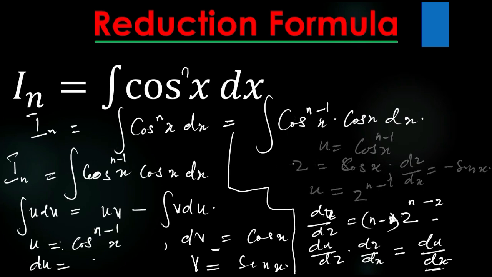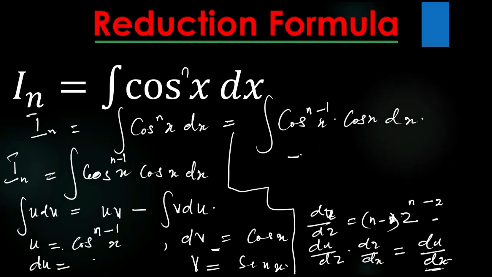If you remember what I just cleaned up, dz/dx is minus sine x, and this is multiplied by du/dz, which is n minus 1 times z raised to power n minus 2. Remember that we assumed z is equal to cos x.